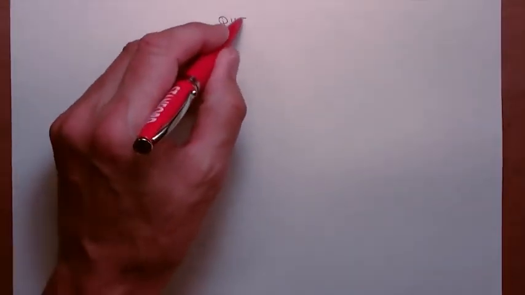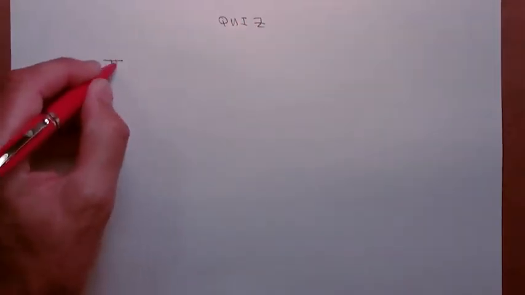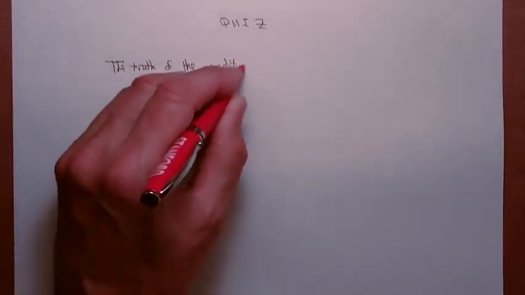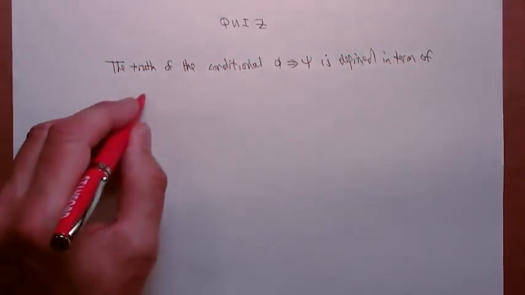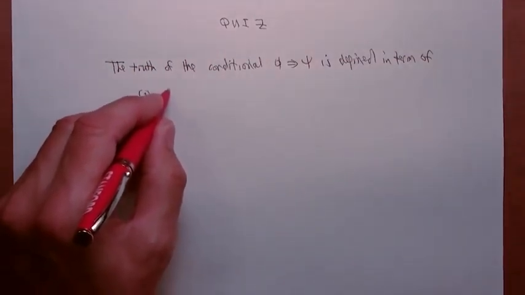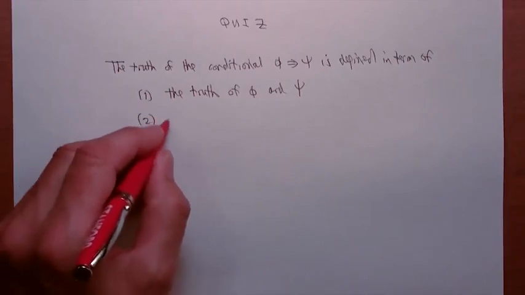Okay, I think we need to catch our breath. Let me do that by giving you a quiz. The truth of the conditional from phi to psi is defined in terms of 1. The truth of phi and psi, or 2.